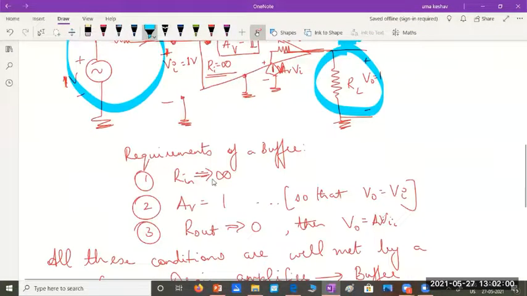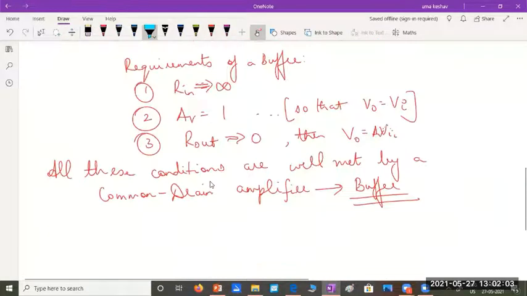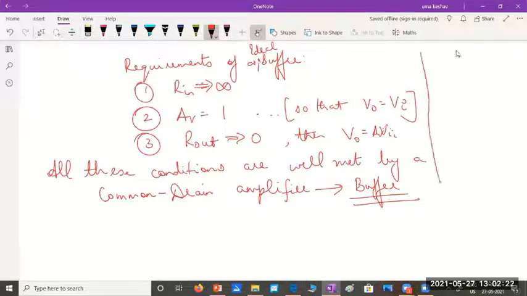And we saw what should be the requirements of an ideal buffer. An ideal buffer should have very high or infinite input impedance. Practically, you should design one which will have what? So let me call this the ideal buffer. Can you tell me practically what should I consider? At least practically the first condition, Rin should be very, very high.